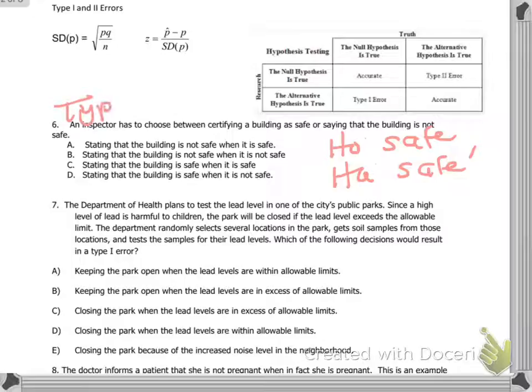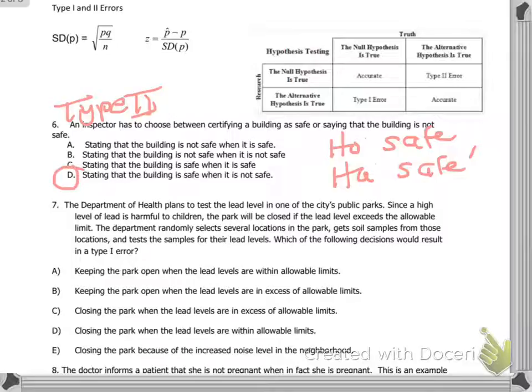So let's do a type 2 error. Let's look over here to the right. A type 2 error is that HA is true, the building is not safe, but we say it is safe. So the deal is here, stating that the building is safe when it's not safe, the answer is D.